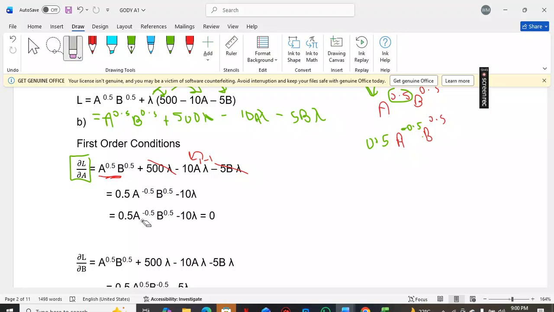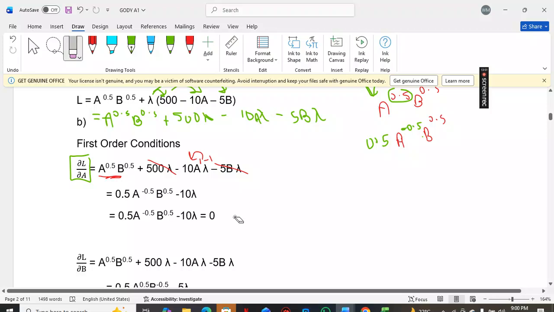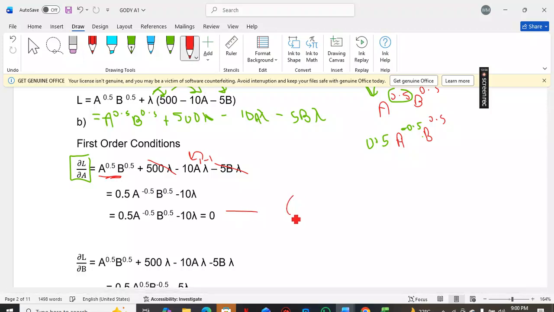You equate this to 0, okay, colleagues? After you have derived, equate it to 0, and you label this as equation 1. Any questions?